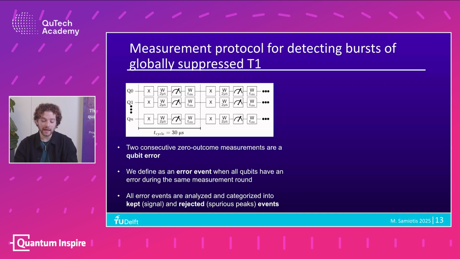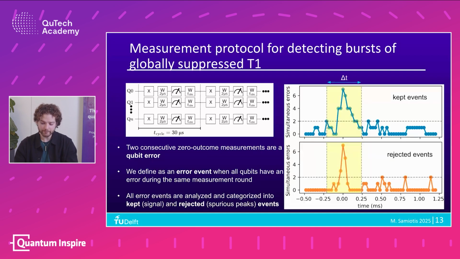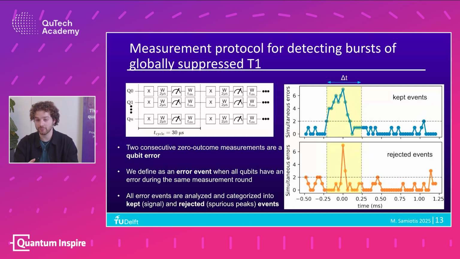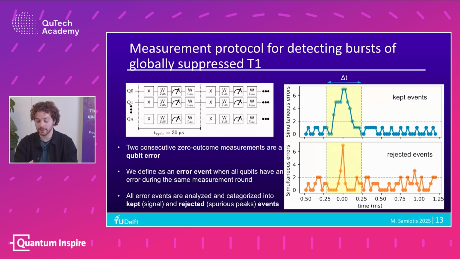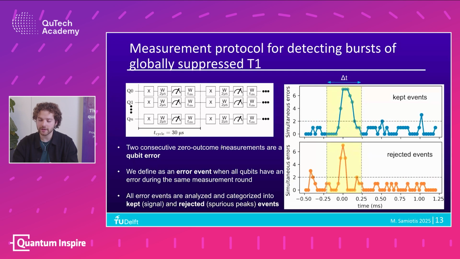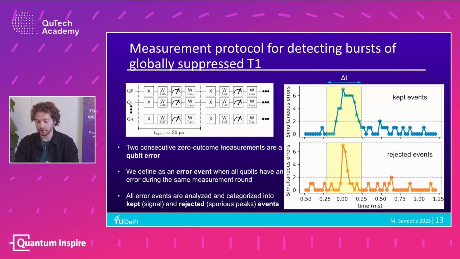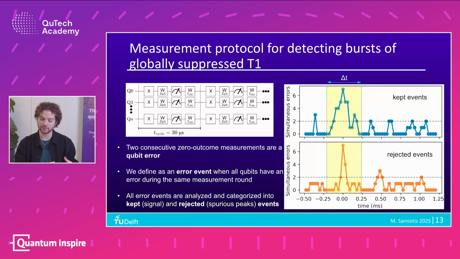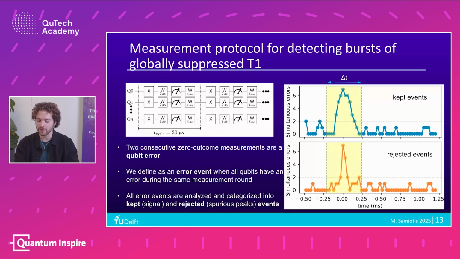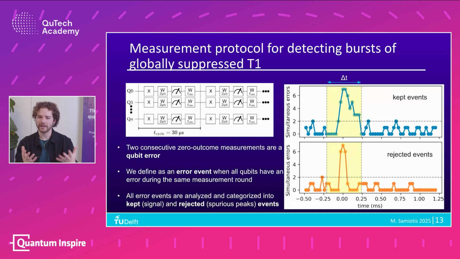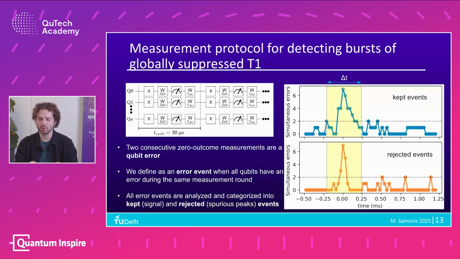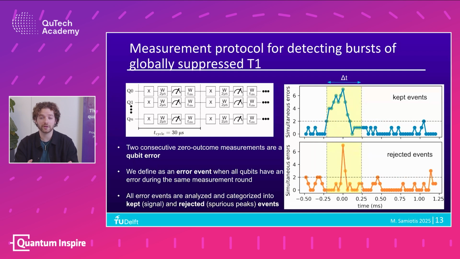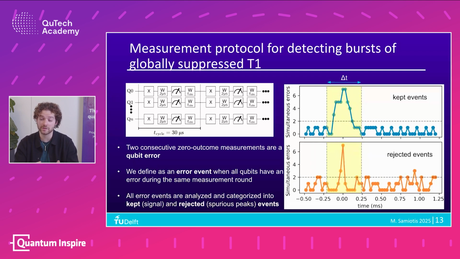And then we analyze those events, and we keep the events that we believe come from the effects of ionizing radiation that have a distinct recovery time. So these are the events that we believe come from the impact of ionizing radiation, while some of the events that don't have a recovery time are just spurious errors that can happen. There's some kind of probability that all your qubits are going to be measured in the 0 state. That's just an error.